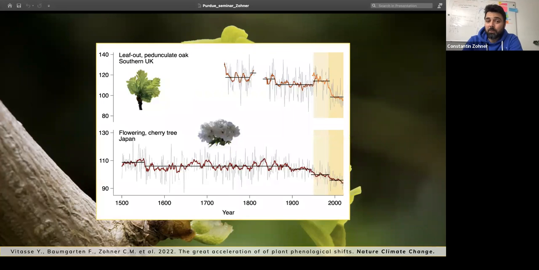And what we see at the moment, so this is a recent paper where we basically try to get the most long-term series that are available. And there is this one really special time series, which is the cherry flowering in Japan. The reason we have this long-term series is that there is a spring festival happening every year in Japan.